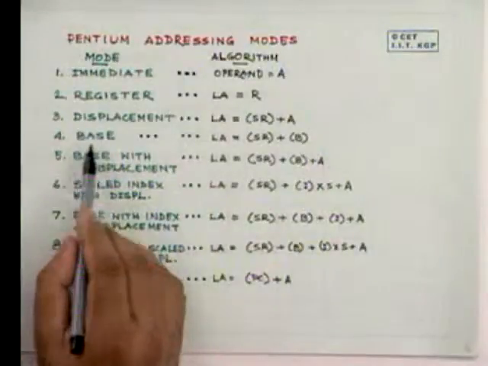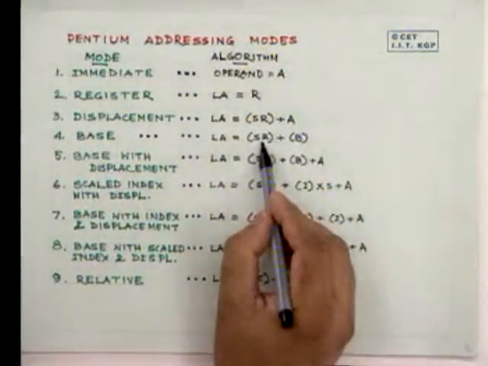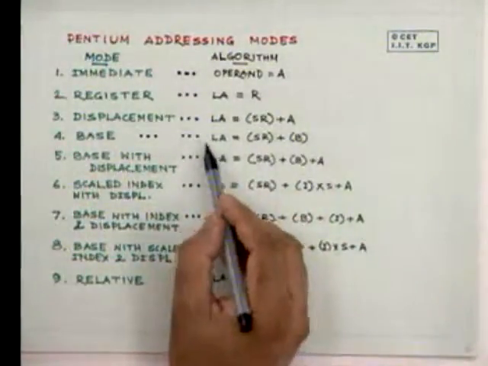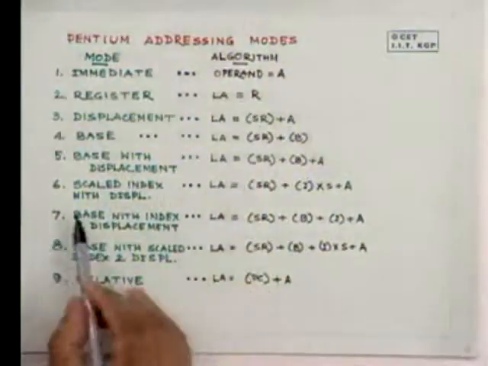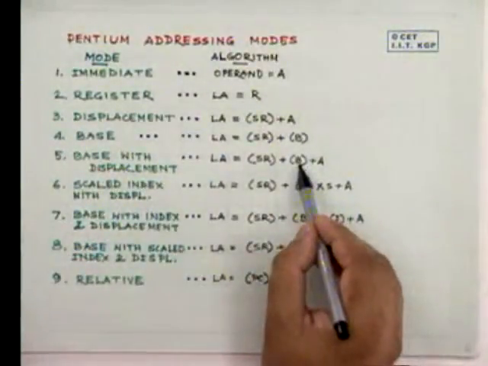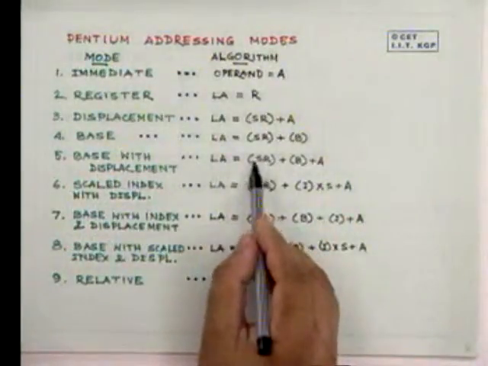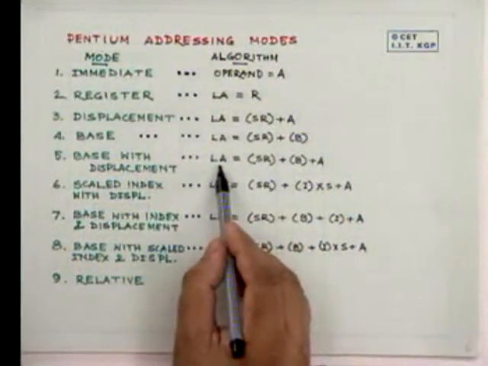Base addressing: you take the content of the base register and add the content of the segment register to get the linear address. Then base with displacement: you take the content of the base register, take the displacement from the instruction, and add the content of the segment register to get the linear address.